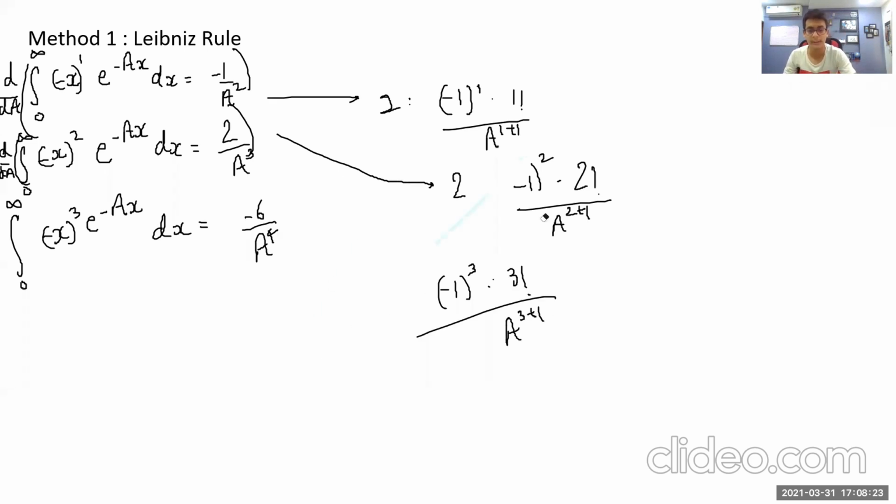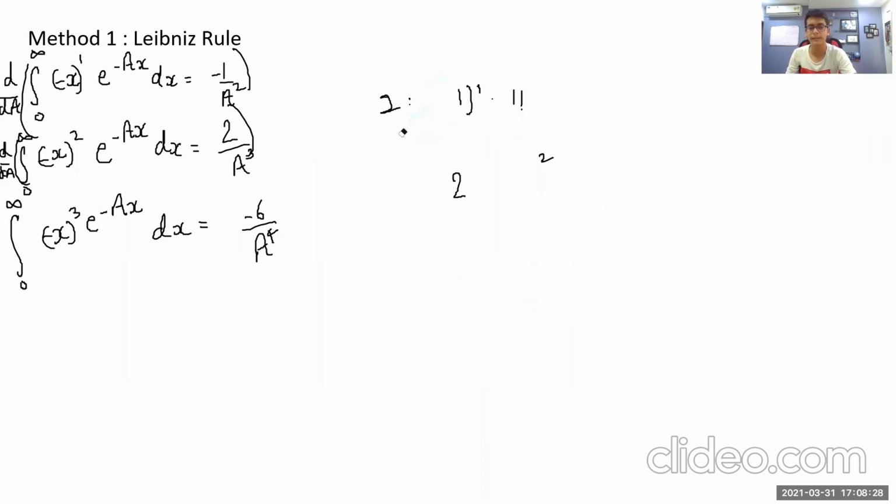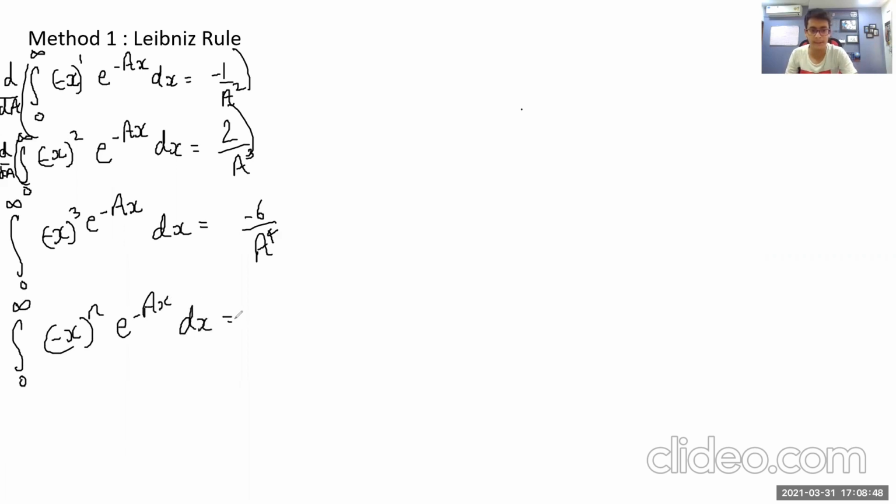So using this, you can just do this recursively and show that if we go n times, and keep continuing differentiating, what we are basically going to end up with is just as I wrote it out. So now we can say that if I do minus x to the n times e to the minus ax dx, that's going to equal minus 1 to the n times n factorial over a to the n plus 1.